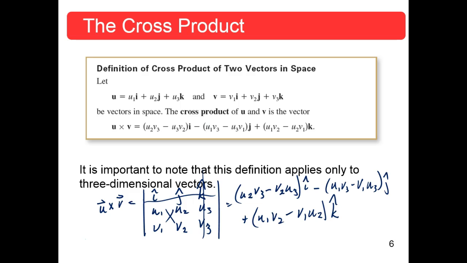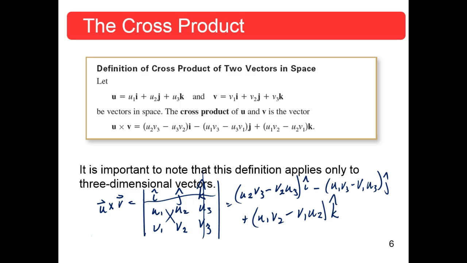What do we have? We have U2 V3 minus U3 V2, it doesn't matter which order you write these, because those are just numbers, times I, minus U1 V3 minus U3 V1, either way, times J, plus U1 V2 minus U2 V1, times K. And guess what you got?